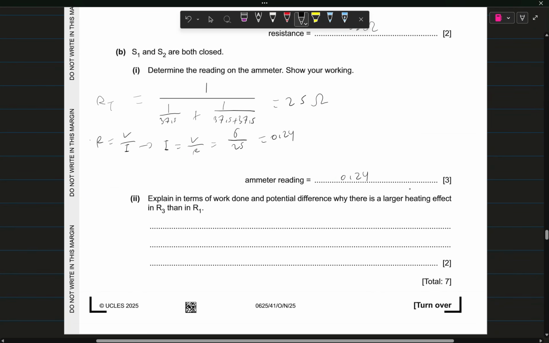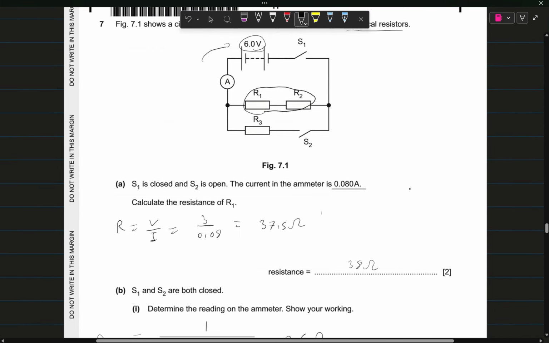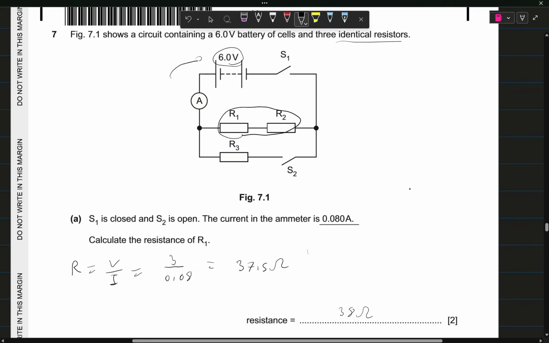Okay. Now explain in terms of work done and potential difference why there is a larger heating effect in R3 than R1. Okay, R3. So because R3 is parallel to what? To the power supply, that means that R3 will get 6 volts. And there are no other resistors.